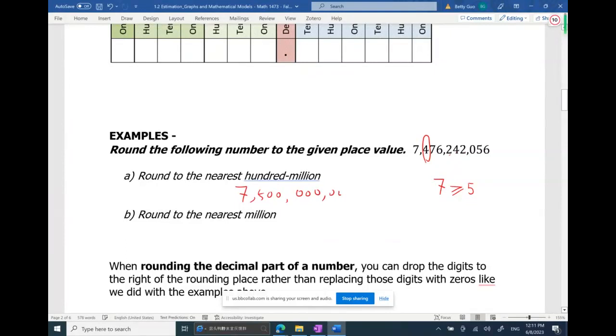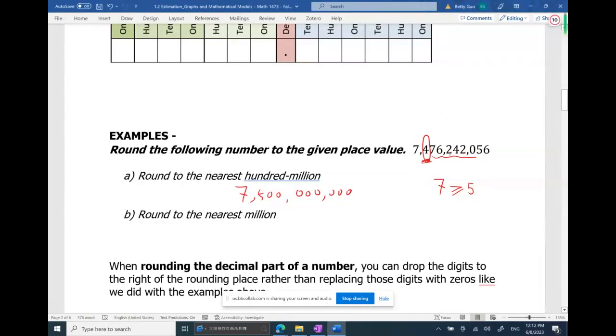Since we are rounding it up, we change 400 million up to 500 million, and change all the other digits to zeros. So basically, we round 76,242,056 up to 100 million, and now 100 million add up on top of 400 million. We have 500 million right here. So the rounding result is 7,500,000,000.